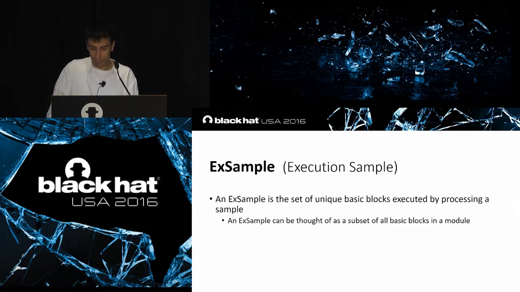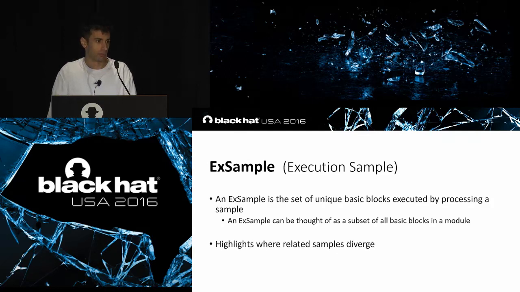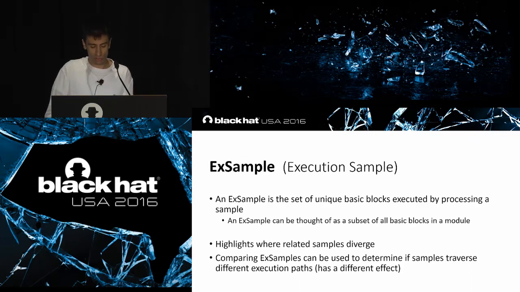Very simple example, but you can see how some things that, if you were to diff, wouldn't necessarily show up as different samples. It allows you to highlight where samples actually diverge, which is useful if you have related samples. Say if you had samples that were fuzzed. Well, you're fuzzing from one sample to another. Let's say you end up with a crash. You can find out how you got there, but not only how you got there, why you got there.